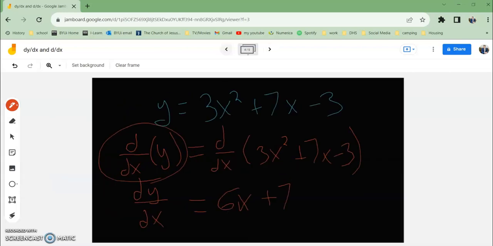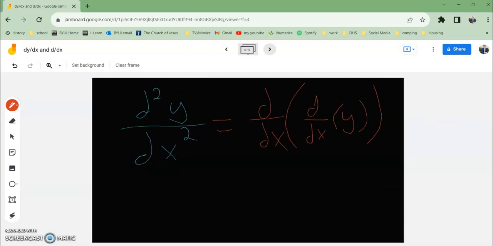In this case, the second derivative would be 6, again with the power rule. If you notice that there are two d's right here, it looks like they're multiplied together, so d squared will look like we have a dx times a dx on the bottom. That would be the dx squared.